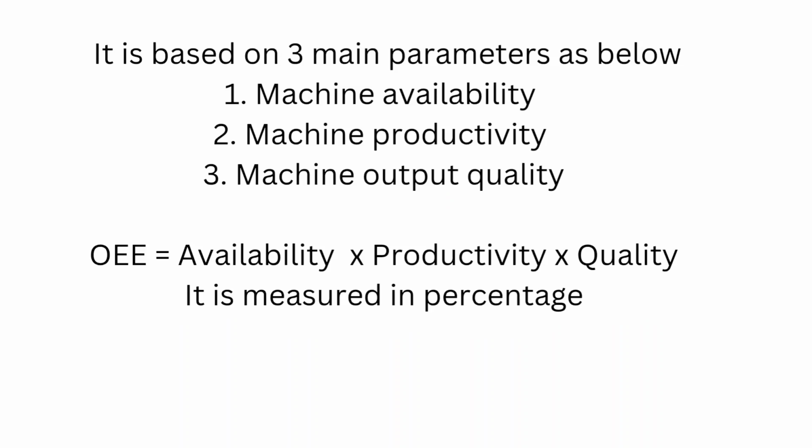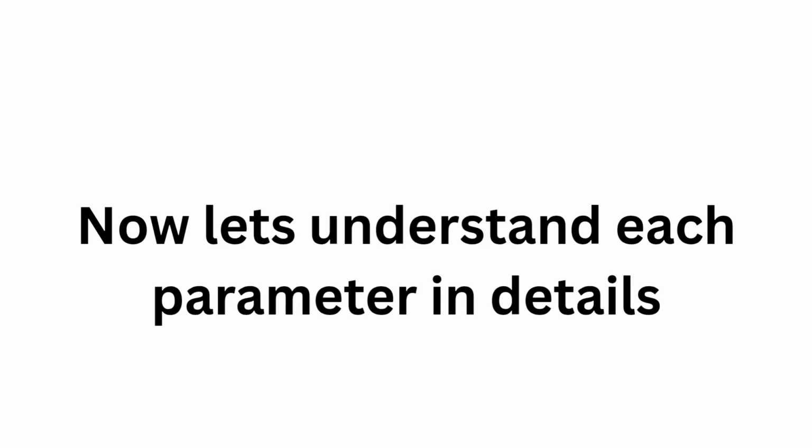The OEE formula, measured in percentage, is availability into productivity into quality. These three parameters are first calculated individually and then converted into the total OEE of a process or machine. Now let's start understanding each parameter and its calculation.